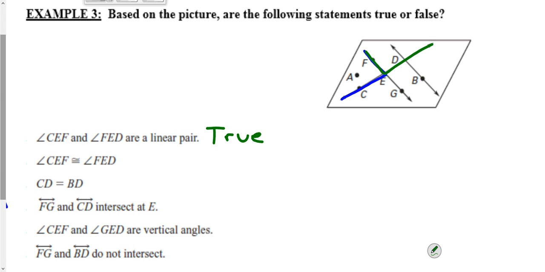So we know that they have to add up to 180, but we do not know that they are the same. The only way that they could be congruent is if they're both 90 degrees. We don't know that. That ray EF could be slanted one way or the other, making one angle larger and one angle smaller. So this is false.